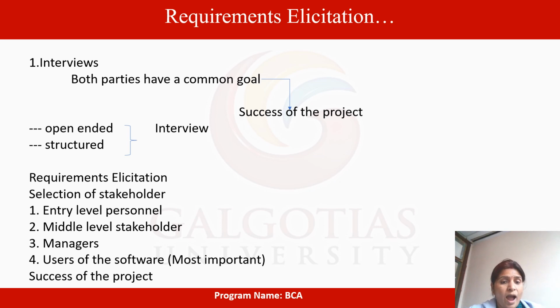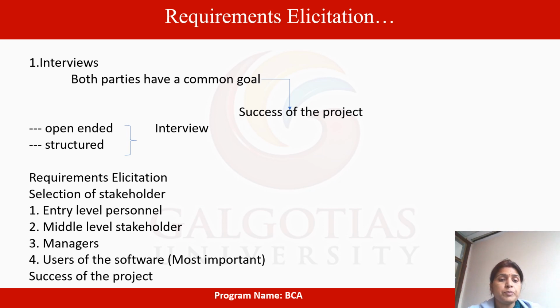So you have to identify the stakeholders. Then the entry-level person, to whom we should talk first. First we have to talk to management, then to the team lead, then to the manager, then to the lower level who is actually implementing. Every person has their own importance.